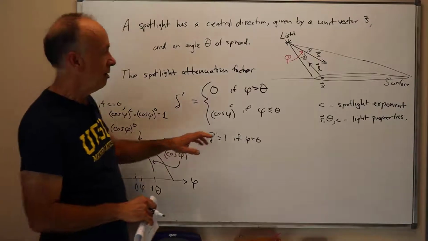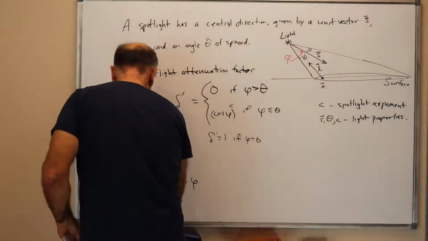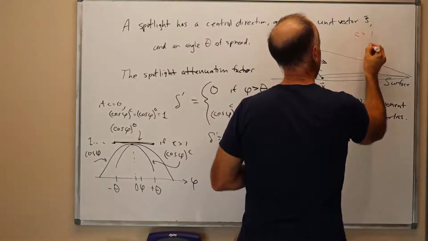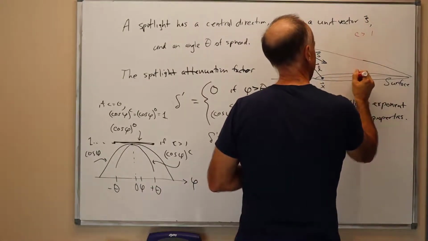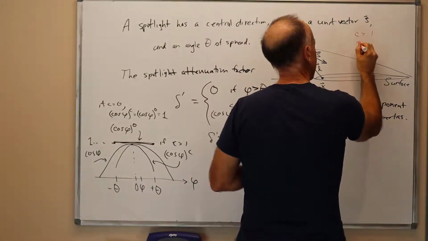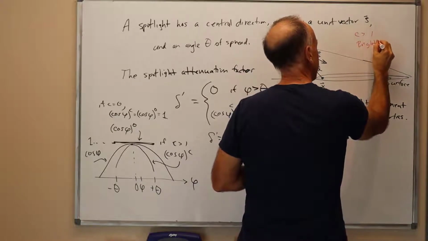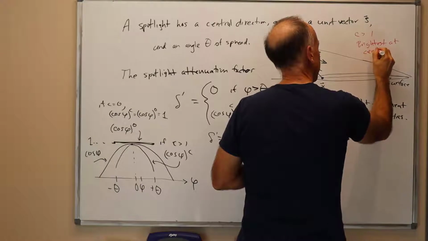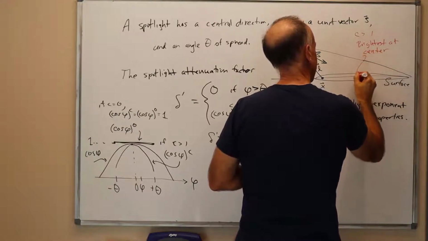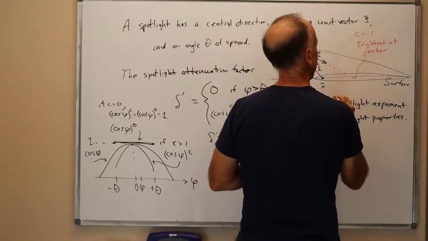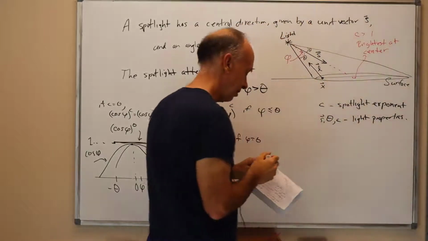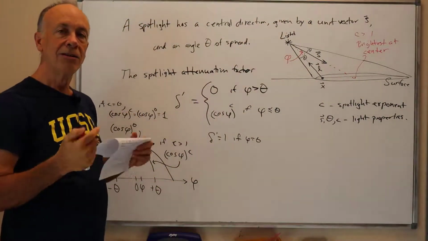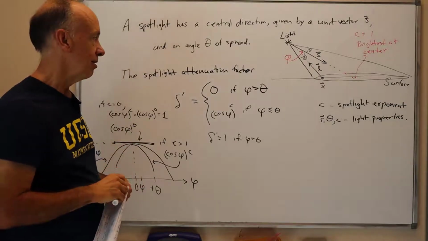So with C greater than 0, the brightest spot will be at the center, and it'll be less bright at the edges of the spotlight, giving a transition from a bright center to not so bright edges.